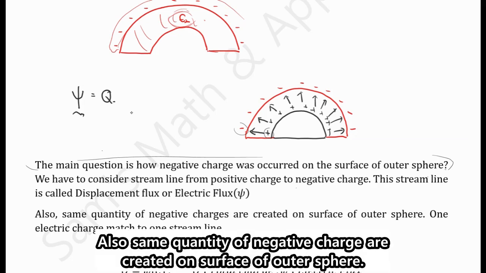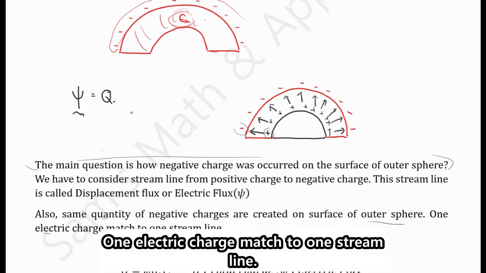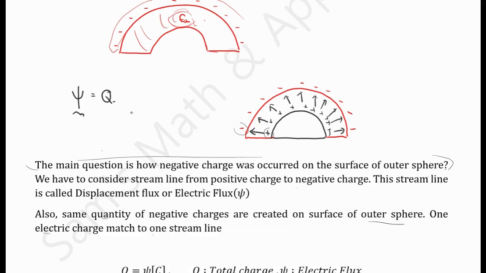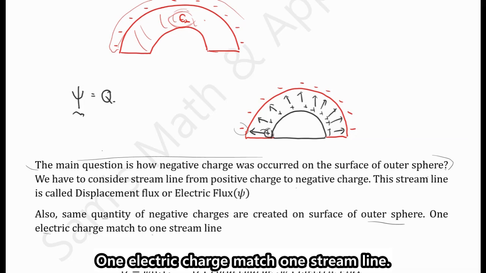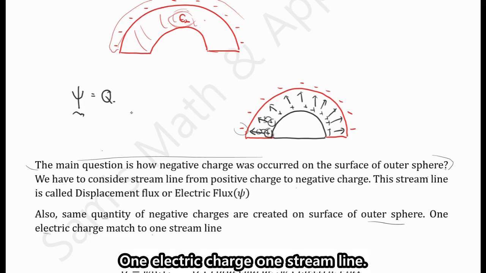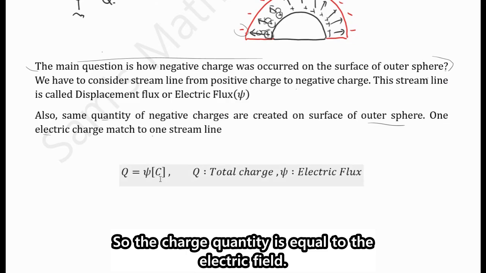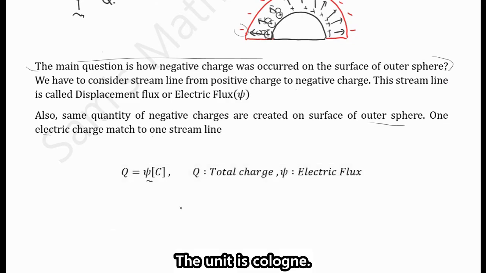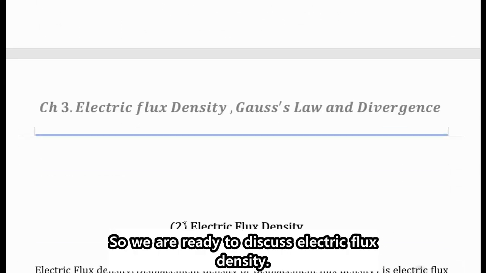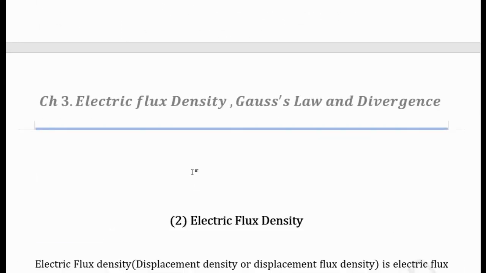Also, the same quantity of negative charge is created on the surface of the outer sphere. One electric charge matches one streamline. So the charge quantity is equal to the electric flux. The unit is Coulomb.